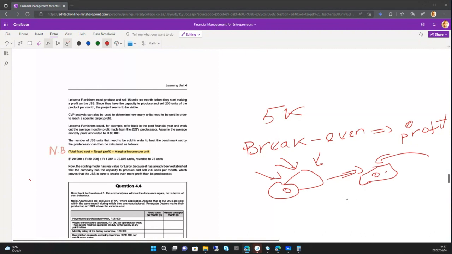But now we need to find the point where we will recoup all these costs that we have made. So yes, we're getting revenue, but the total revenue should equal the total cost for us to have recovered all the costs. When we arrive at this point, it's a good point because we call it the break even. Now, from now on, everything we are selling, we are making a profit.